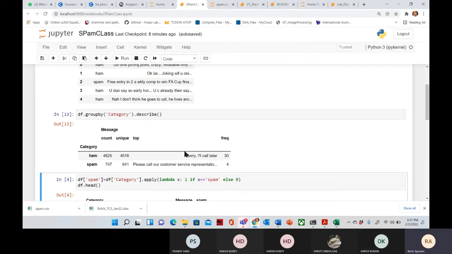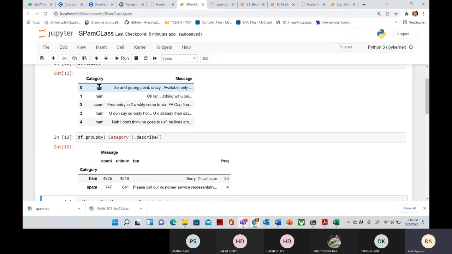Yes, sir. Okay. So what we will do, we will use the Gaussian Naive Bayes classifier to classify messages as spam or not spam, on new messages as well. The first task is we need to convert this ham or spam into 0 or 1.